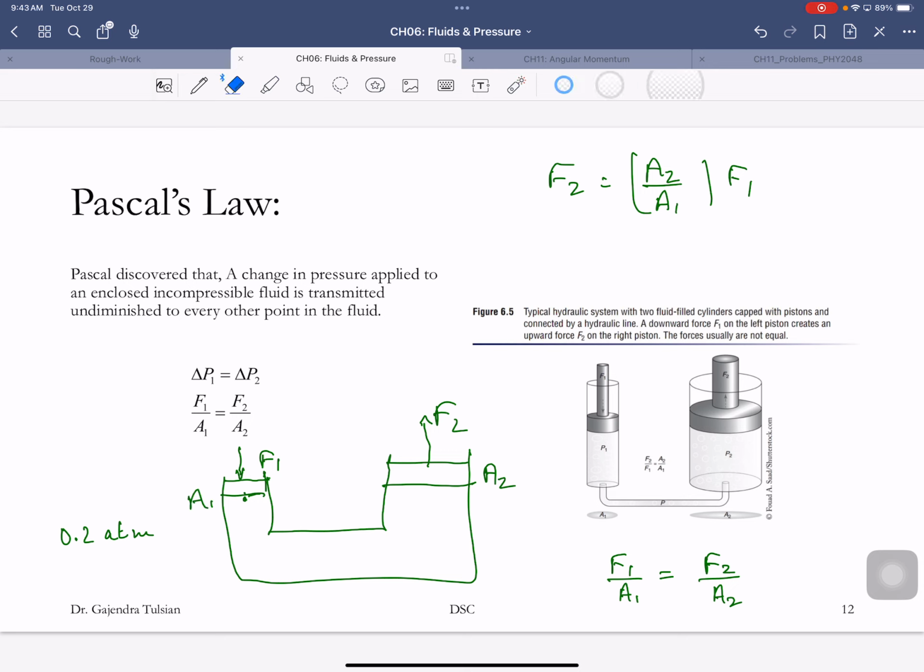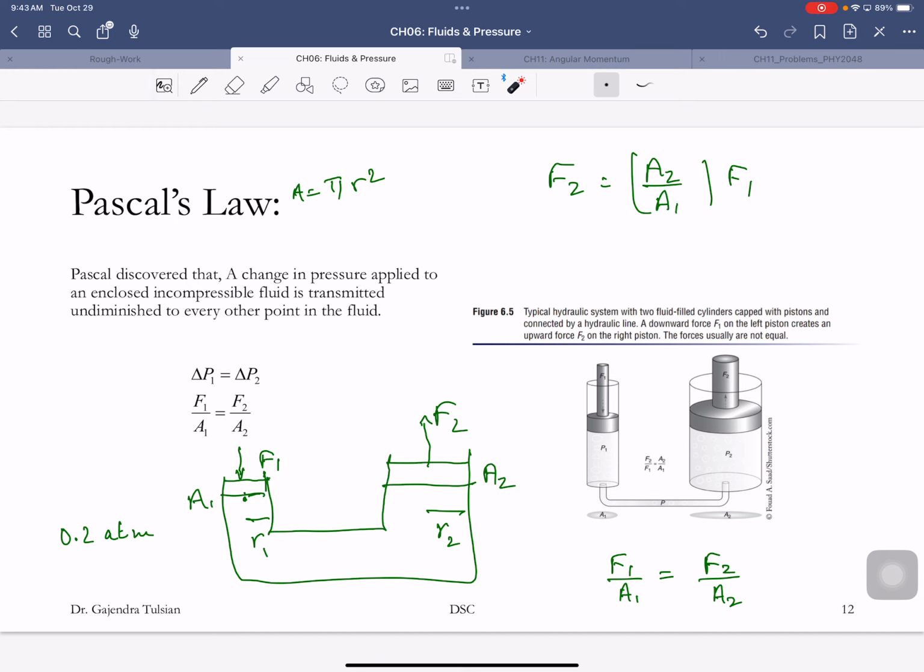If this is a circular cylinder, area is given by pi r squared. So if this radius is 5 times this radius, the output area, 5 squared, is 25.